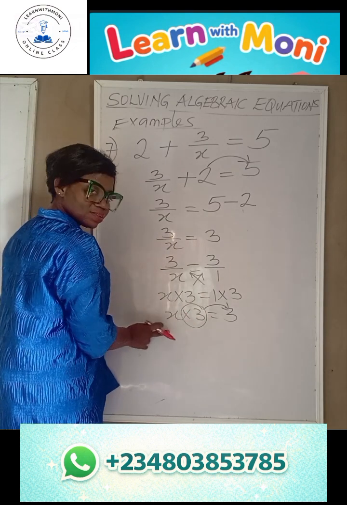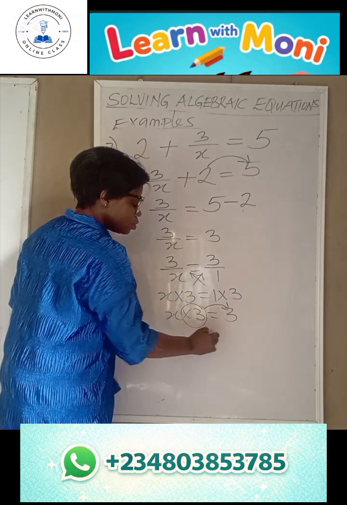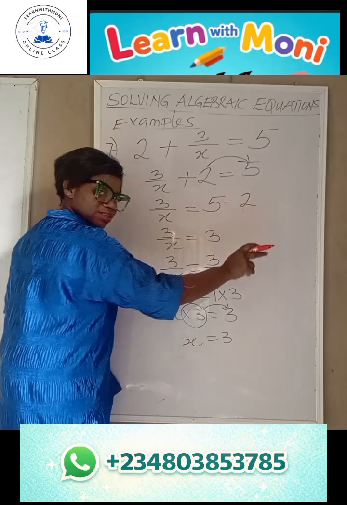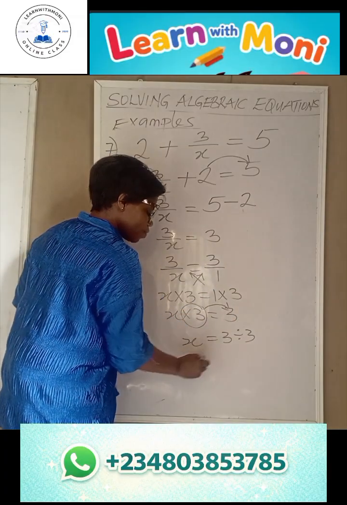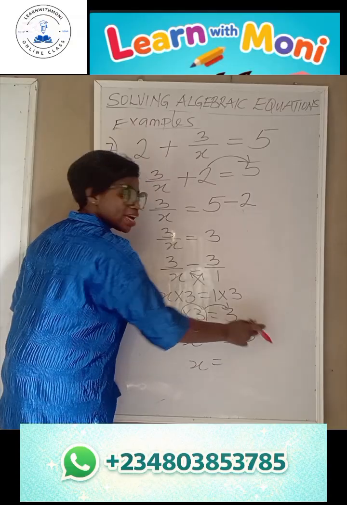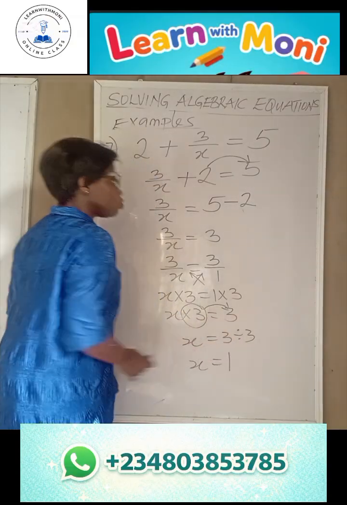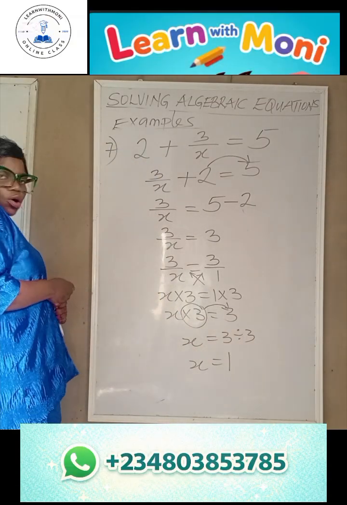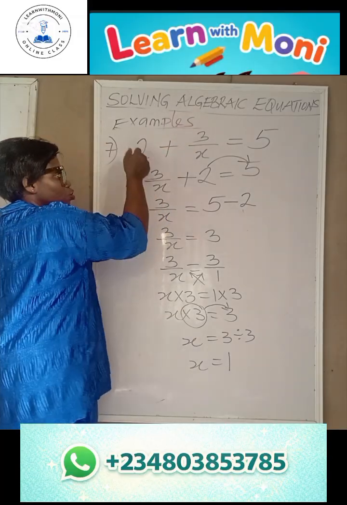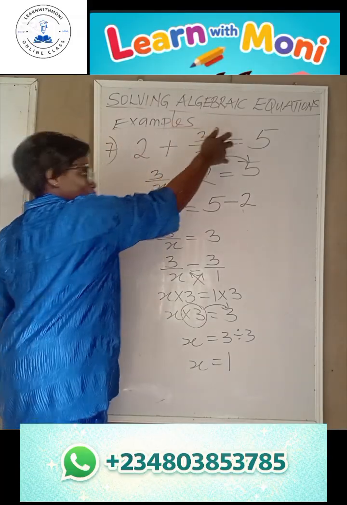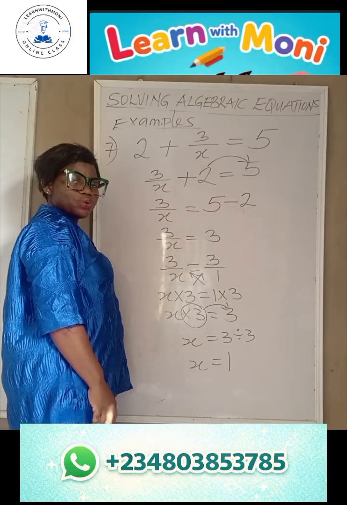So on my left hand side, I have x, which equals 3 divided by 3, which is 1. So our x is actually 1. You can imagine 3 divided by 1 is 3. 2 plus 3 is 5. So our answer is correct.